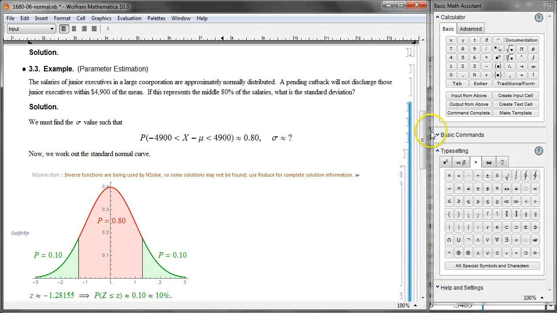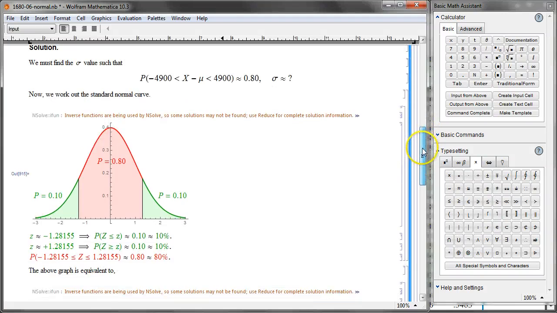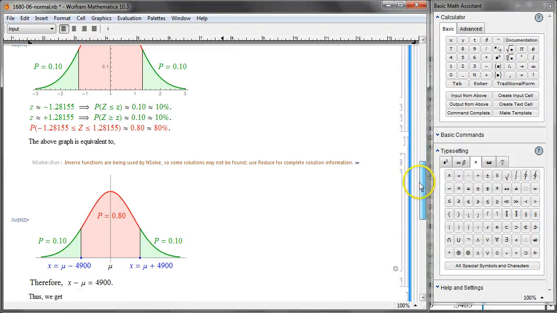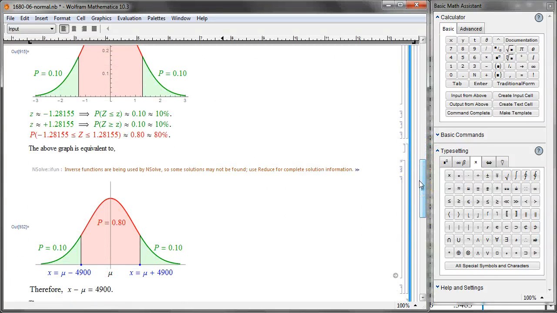That's another way to look at it. But that's still another way to look at it. We have mu, and this is mu plus 4,900, and this is mu minus 4,900. In any case, the middle part has to be 80%. Okay, that's the situation. And let's find out a z-score.